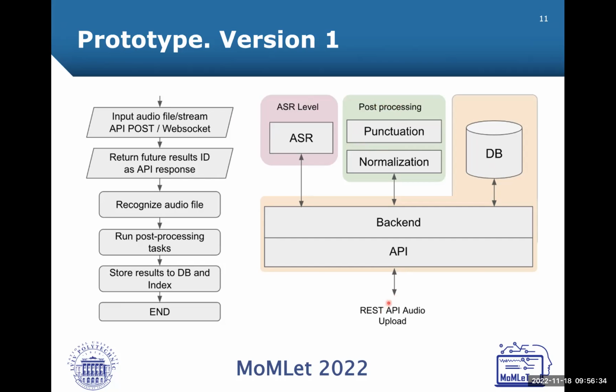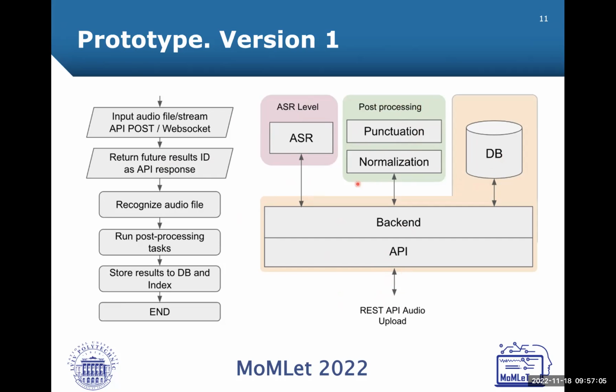So when you input an audio file, the backend gives you, through the API, a result ID that you can use in the future to request your data. Then it closes the connection and starts processing your audio. First is the speech recognition level, then normalization, punctuation, diarization, and then it stores all the results. So, quite simple logic in version 1.